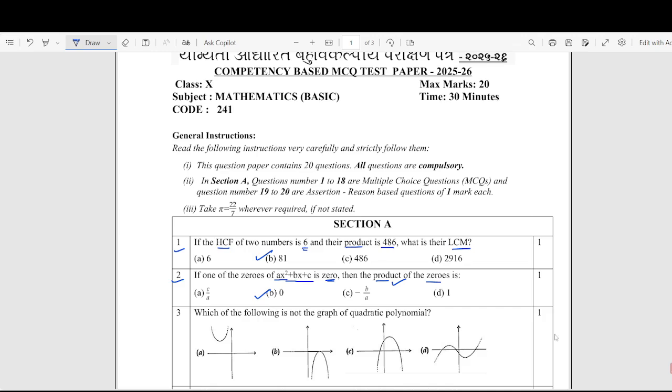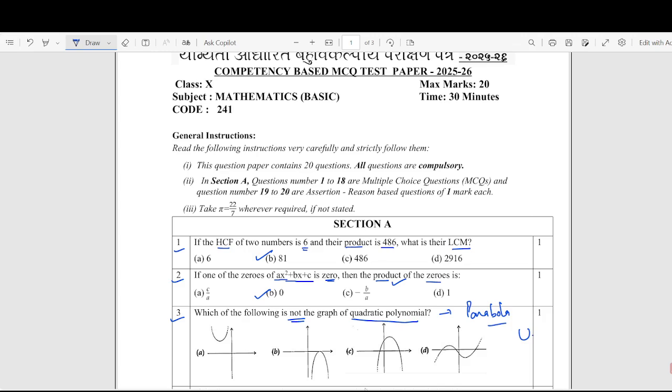Question number 3. Which of the following is not the graph of a quadratic polynomial? We know that the graph of a quadratic polynomial is always a parabola, and a parabola is nothing but a U-shaped curve. Now if you see option A, it is a U-shaped curve, it is a parabola. Option B is again a parabola. Option C is again a parabola, and option D is not a parabola, right?